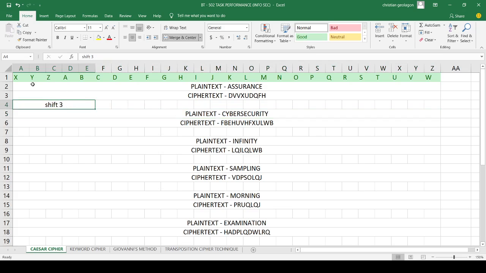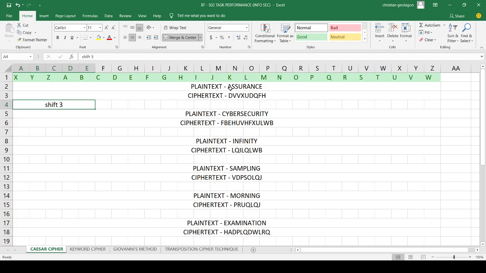To do this, we need to skip three letters where we start the ABC letters. So we skip 1, 2, 3, and letter A starts at letter D. So type all the letters A up to Z, and match the letters.